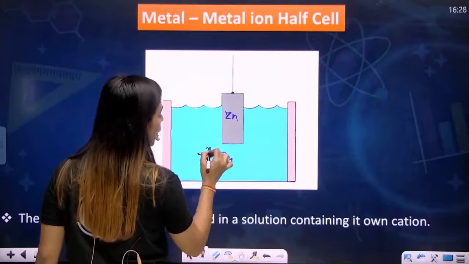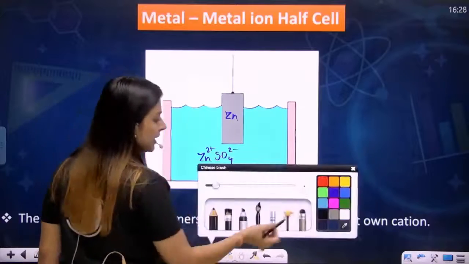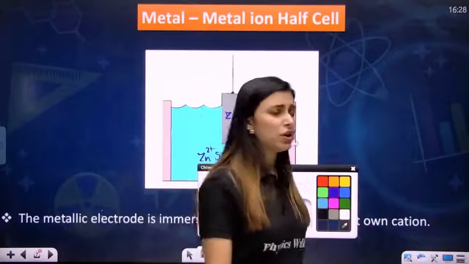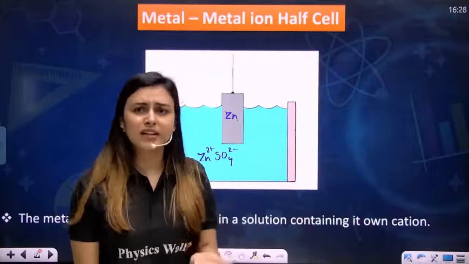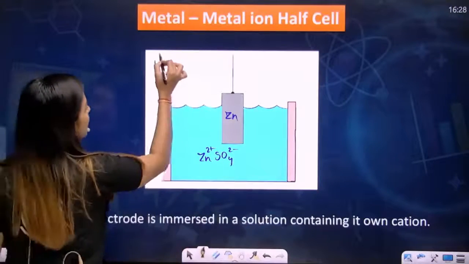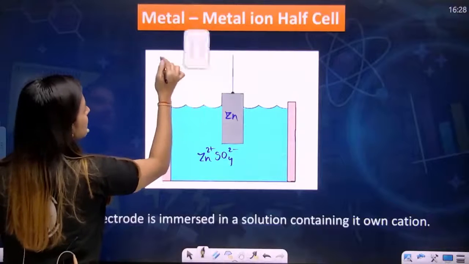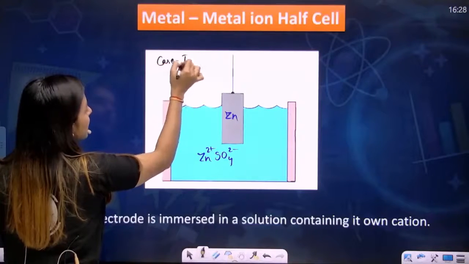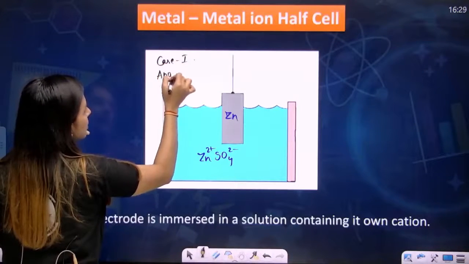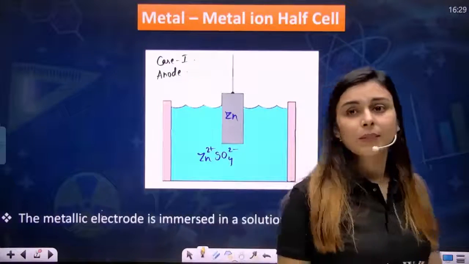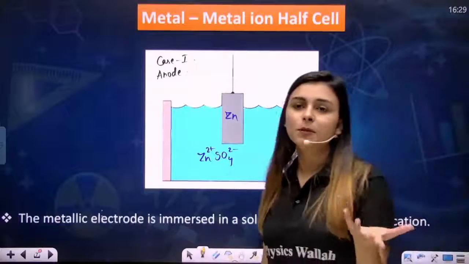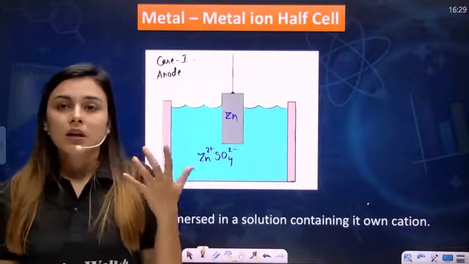Okay, so now, my dear students, this electrode can act as both an anode as well as a cathode. Now, let's say this is case 1. For case 1, I am saying that it acts as an anode. This particular metal ion electrode is behaving as an anode.